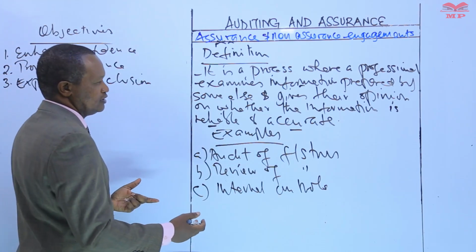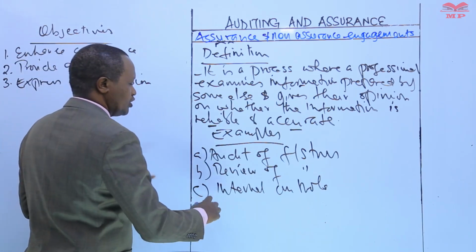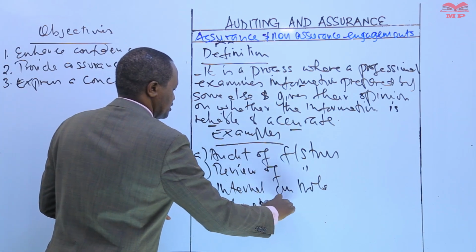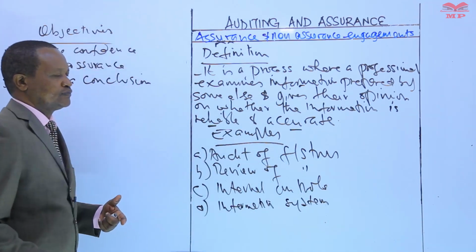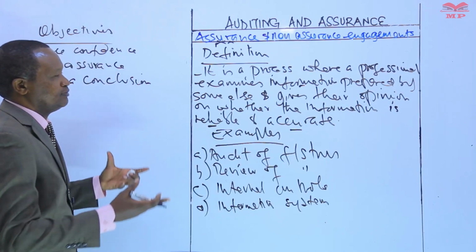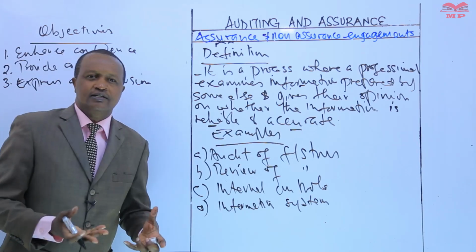Subject matter could be the organization's information system. You understand? It can be anything within the organization that is being audited or examined. Subject matter.